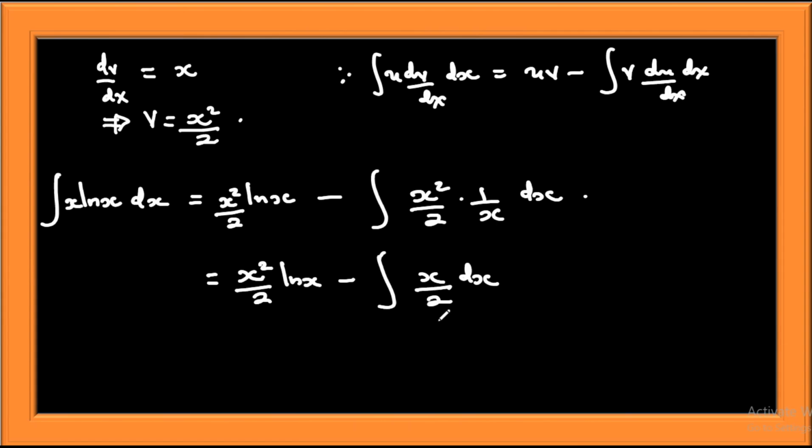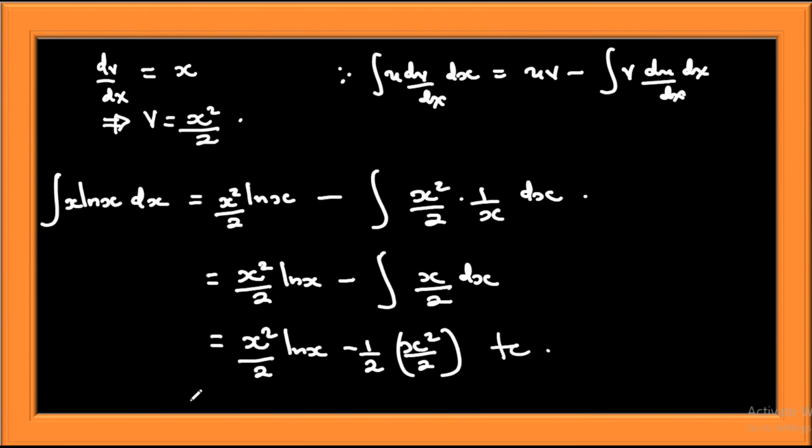And remember, half is just a constant, it can move out of the integral sign, so that we have the final answer as x squared out of 2 natural log of x minus a half, which is our constant. When you integrate x with respect to x, you get x squared out of 2, and then plus our constant of integration.